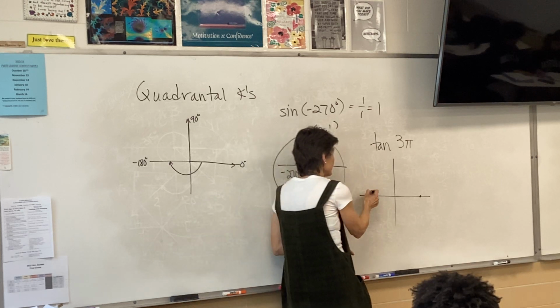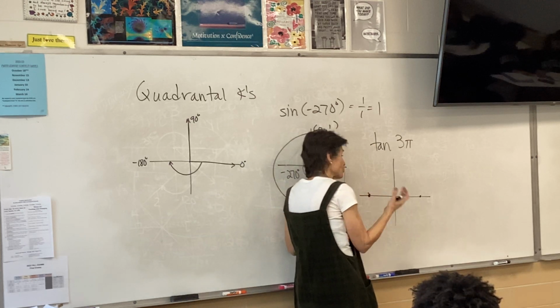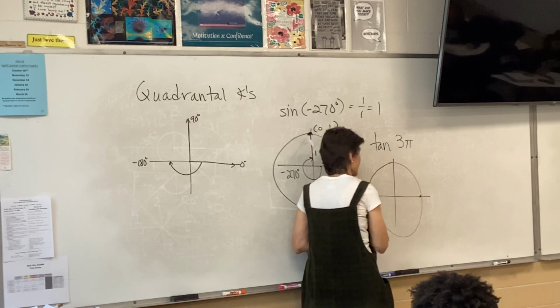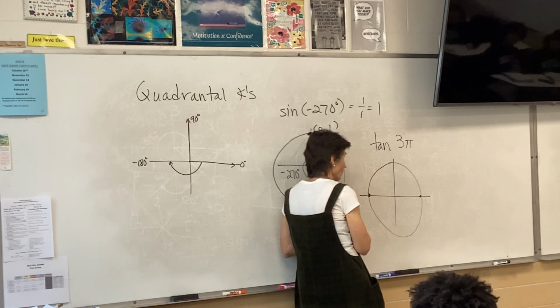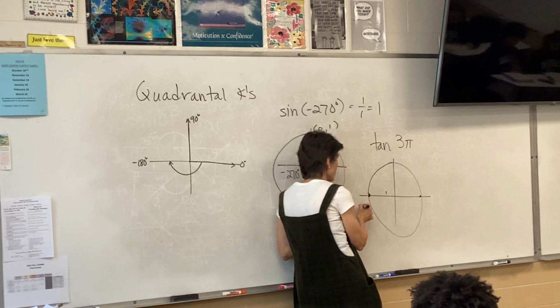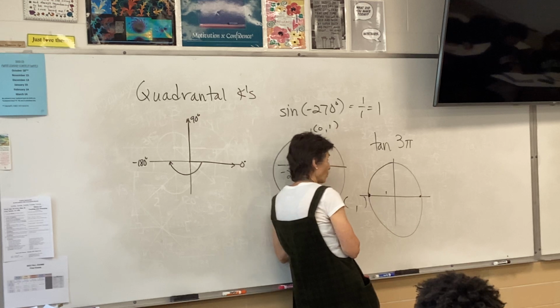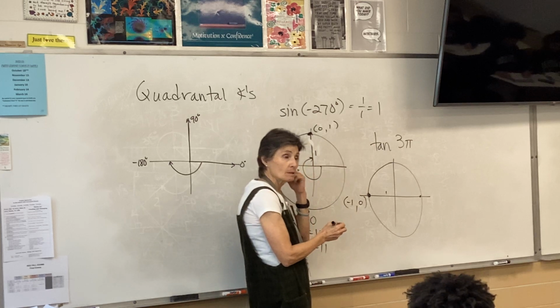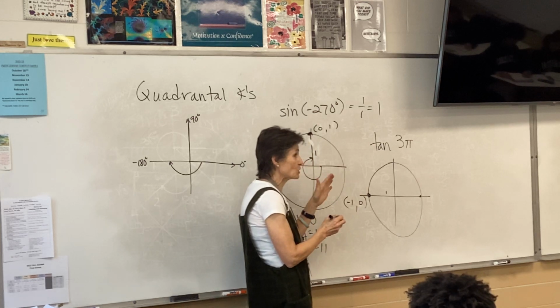Well, again, you're on an axis. You can't make a triangle. So envision a circle going through that point. Let the radius of the circle be 1. So what will be the coordinates of this point over here then? Negative 1, 0. We want tangent.